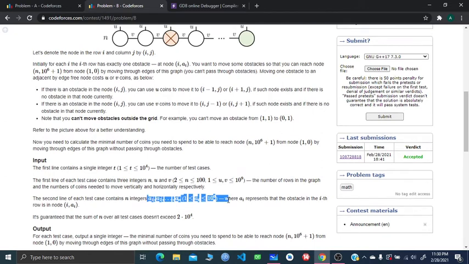I didn't give importance to this constraint. This is a very tricky situation because this constraint actually helped me to solve the problem.